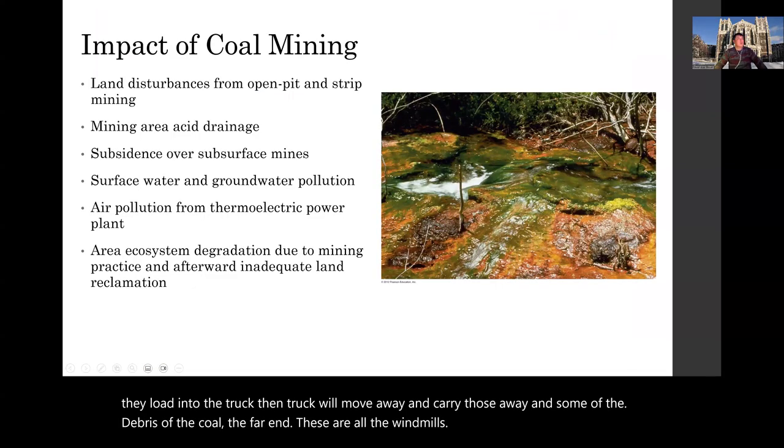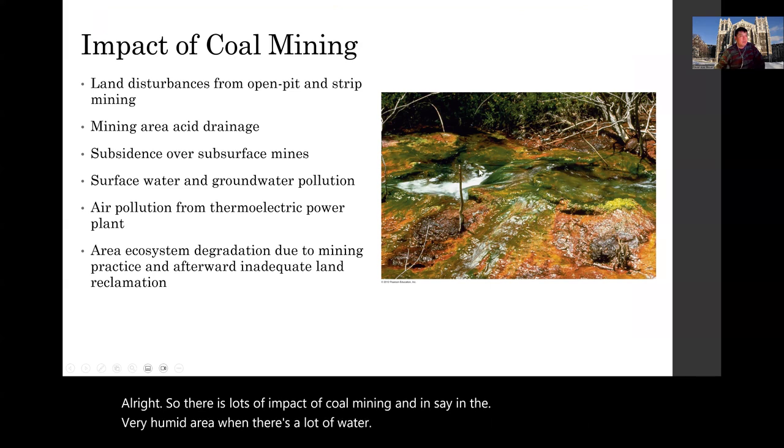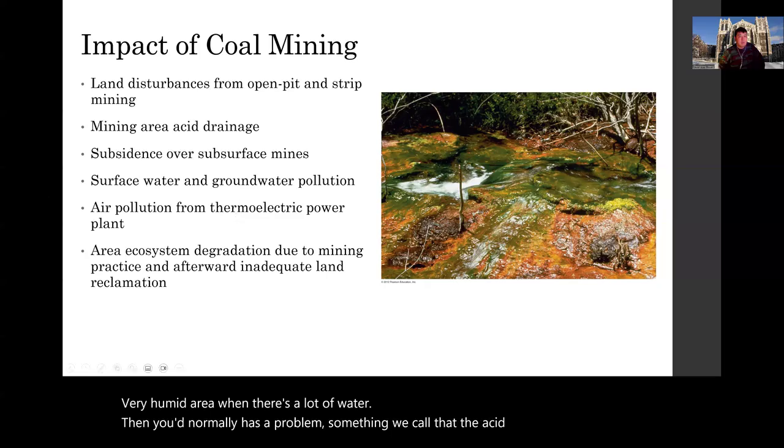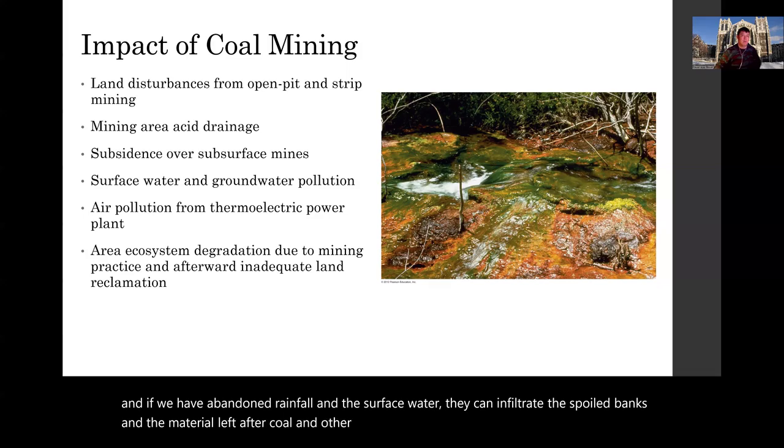All right, so there are lots of impacts of coal mining. In very humid areas, when there's a lot of water, there's normally a problem we call acid mine drainage. If we have abundant rainfall, the surface water can infiltrate the spoil banks, the material left after coal and other minerals have been removed.